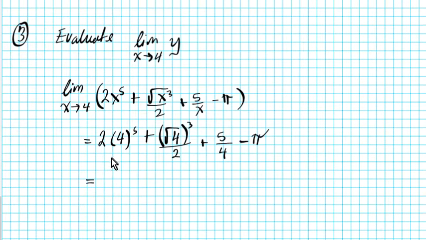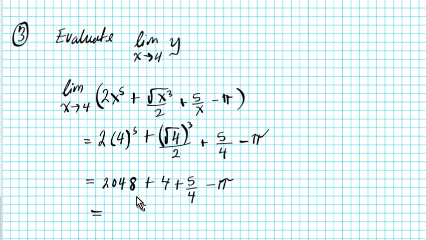2 times 1000, 4 to the 5th power is 1024. Last time I checked, and if you multiply that by 2, you have 2048. You can verify that with your calculator. And then when you take the square root of 4 and you cube it, what do you get? Plus 4 plus 5 over 4 minus pi.